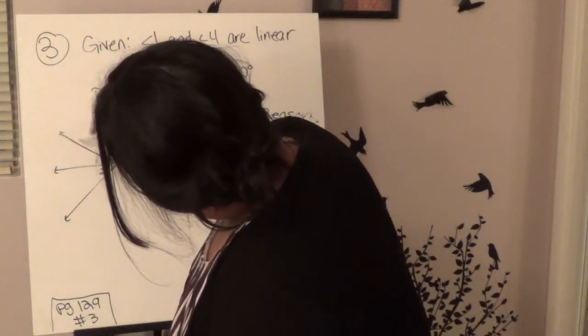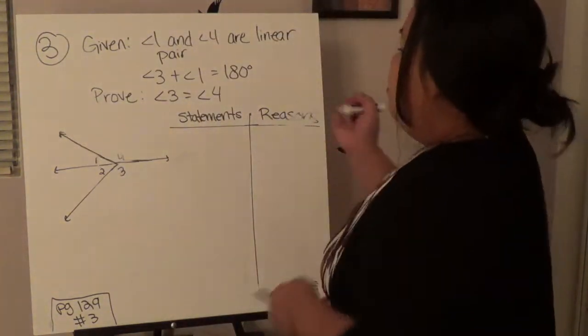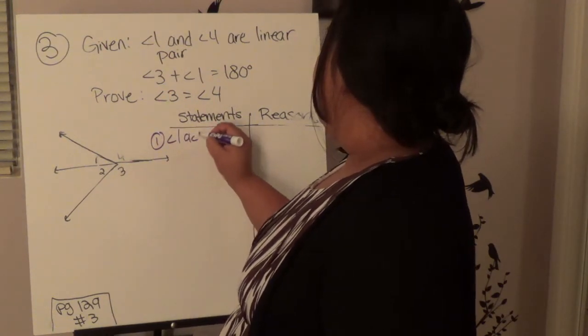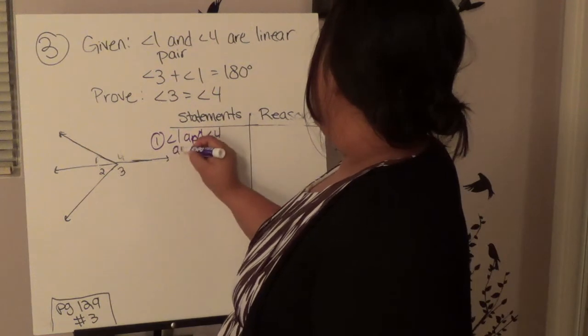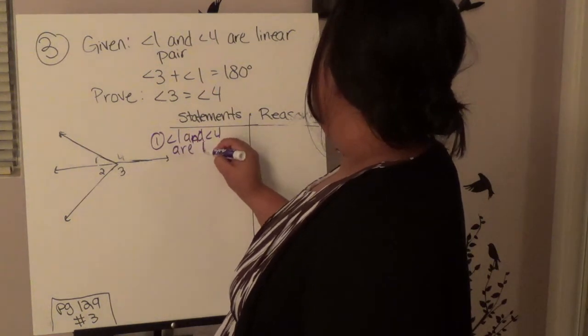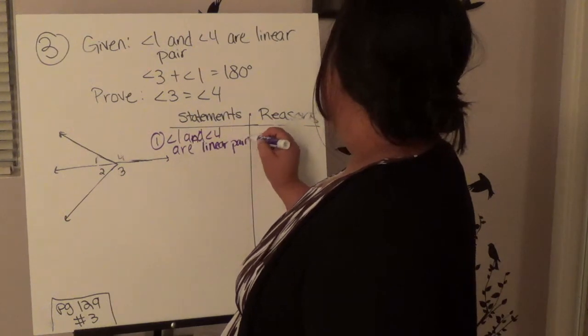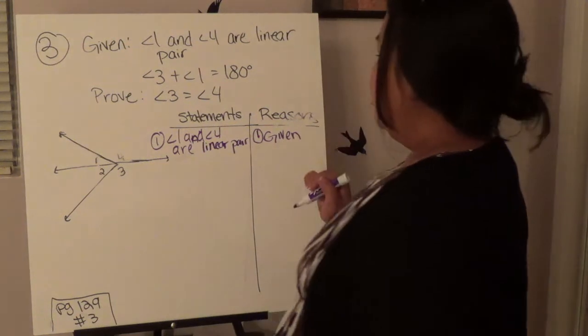I'm going to redraw this line here. So, my first step tells me that angle 1 and angle 4 are a linear pair. This is my given. Okay?